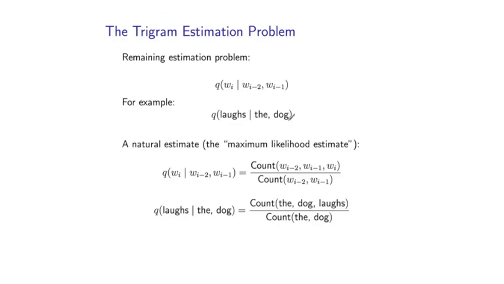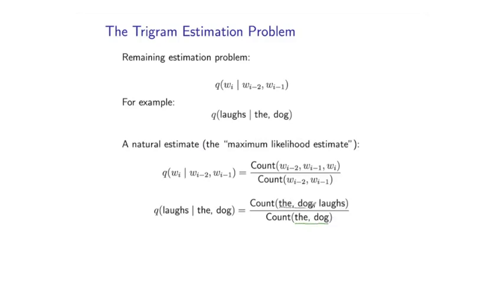We might typically have maybe a few million, or a few tens of millions, or maybe even a few billion words or sentences. From these training examples, we can derive counts. So, for example, count of the and dog would be the number of times I've seen the word the followed by dog in my training examples.